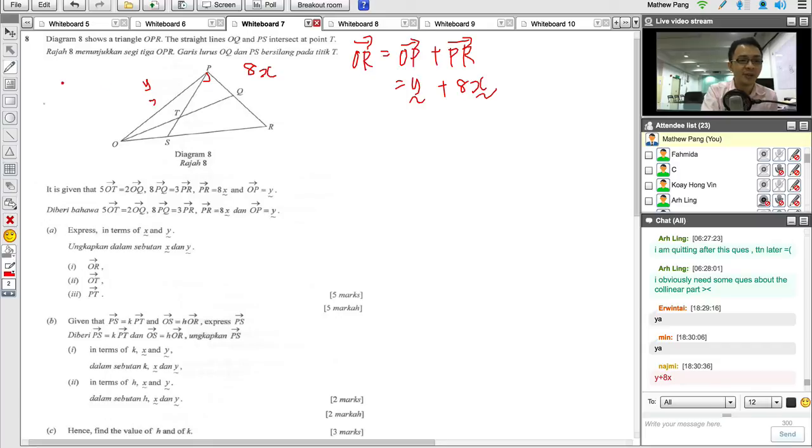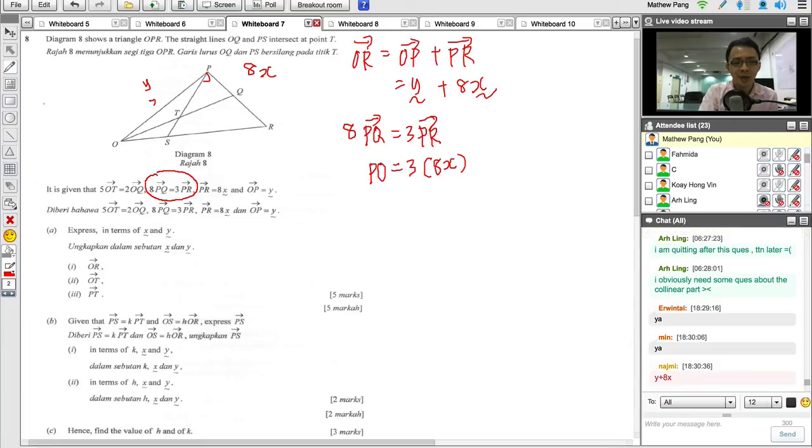First I'm going to solve PQ and QR because I have this information over here. So PQ equals 3PR. We have PR over here. PR is actually just 8x.